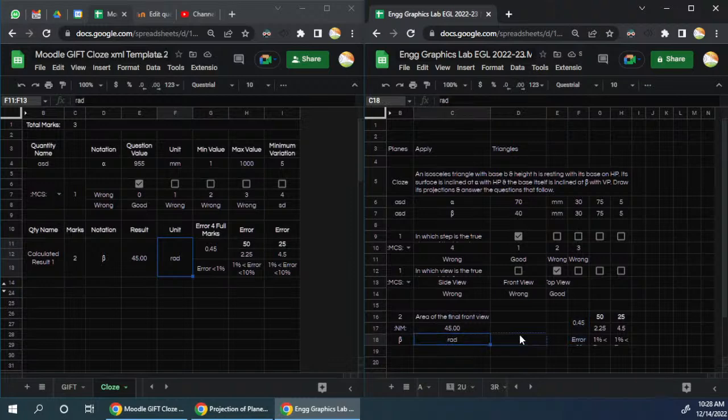The unit has to move over here. The value has to move over here. This is where that thing is there, and so just bring it over here.